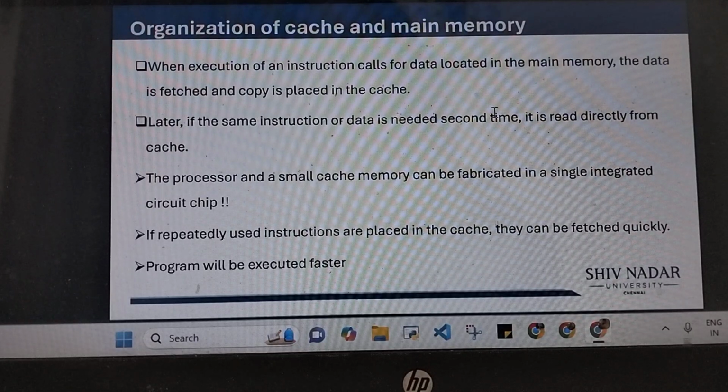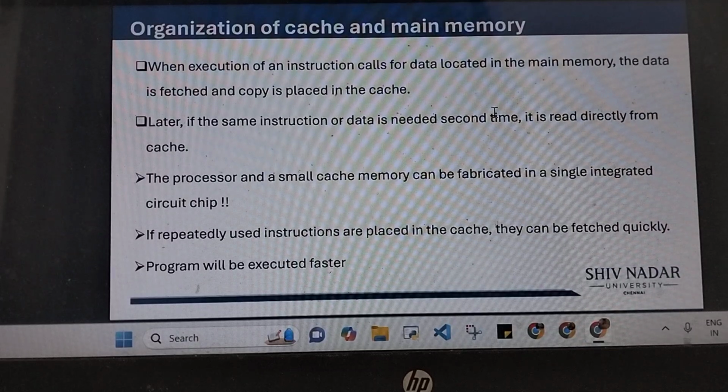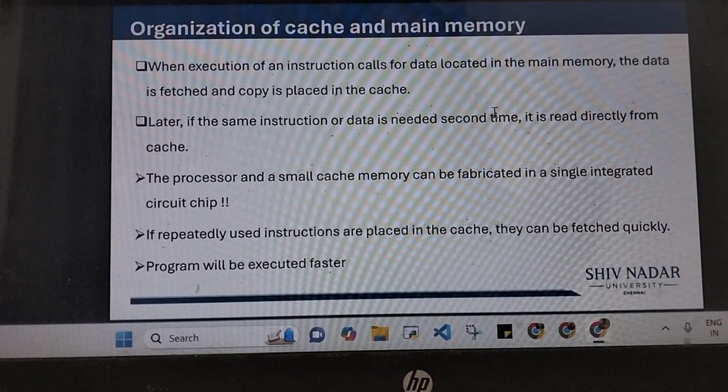So how things work is, when your control unit decodes an instruction and it comes across an address or a piece of data it needs, it will first check the general purpose registers to see if that data is available. If that data is available in the general purpose register, it will take it, send it to the ALU. The ALU will perform whatever operation and so on.